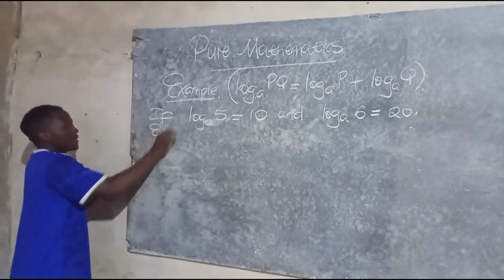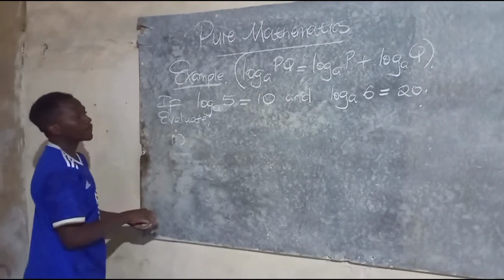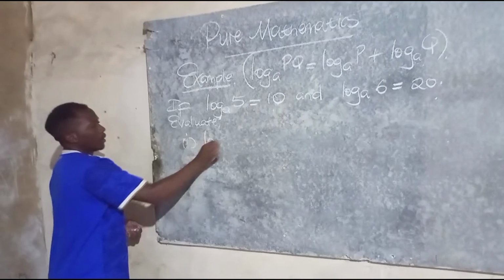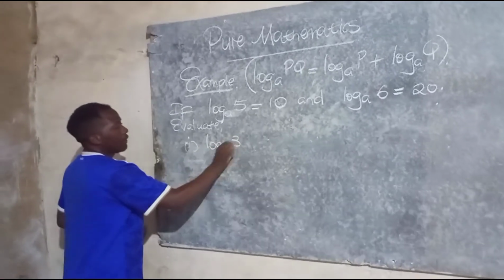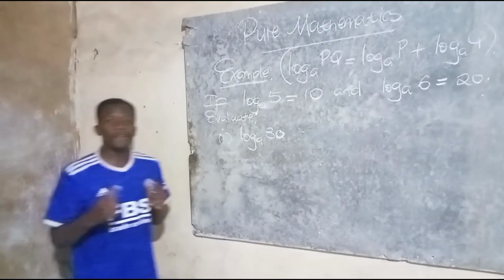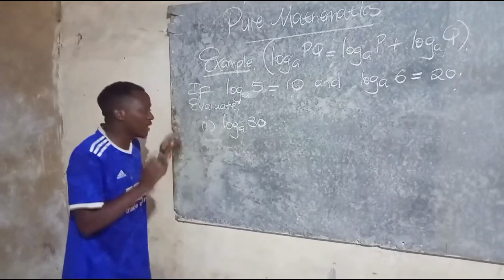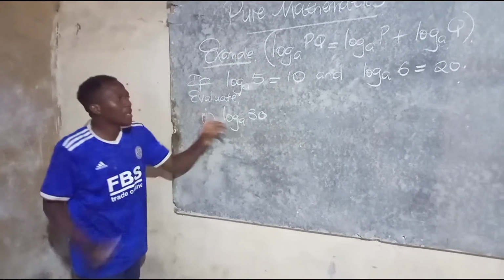Then evaluate log a of 30. If we have log a of 30, it's very simple. Examiners are clever, so you just have to be critical thinkers in this case.